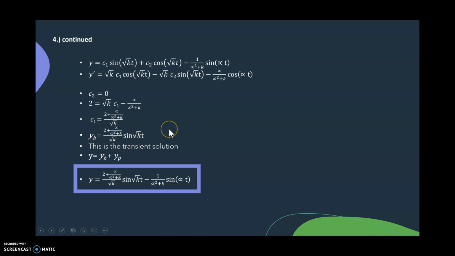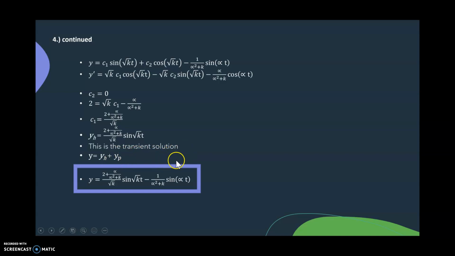We plug c1 into the equation, and we get y equals 2 plus alpha divided by alpha squared plus k, all divided by the square root of k, times sine of the square root of k times t, and this is the transient solution.